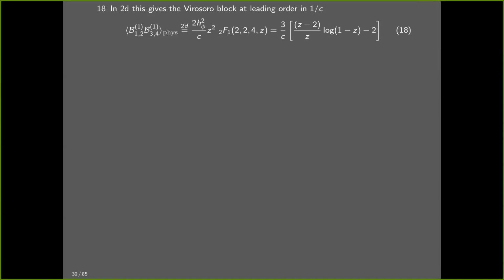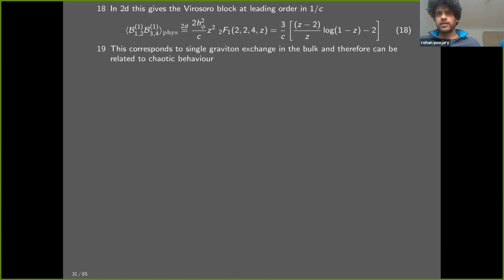So you can look at it this way: the vacuum block is the same as the stress tensor. So this is what that answer is. In 2 dimensions, what it tells you is that there's a single level exchange acting on the vacuum. By level, I mean the Virasoro acting once, and that is what this answer is. Okay, single graviton exchanges in the bulk.